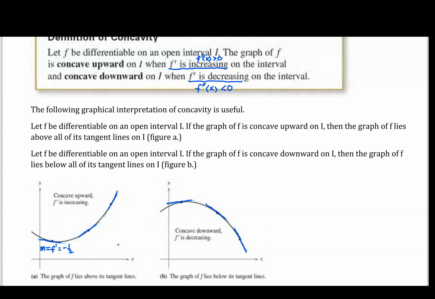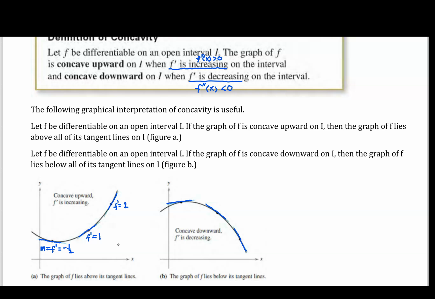Now, the second point here, the f prime at this point is now a positive number. So for instance, this is equal to 1. And this one becomes steeper, so the y values are higher, and the value of f prime also becomes larger. For instance, this is equal to 2. So from negative 1/2, it became 1 and then 2.